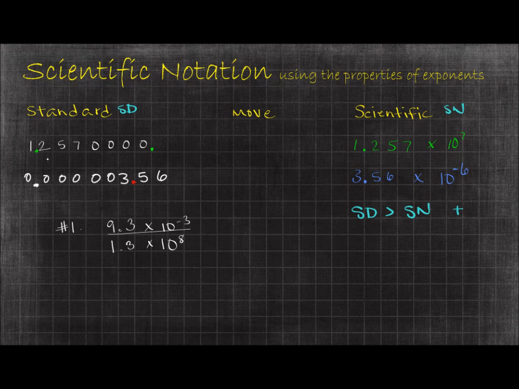So you'll notice I had 12 million and I changed it to a 1. So obviously that's going to be bigger. Now, if your standard notation is less than your scientific notation, you're going to have a negative exponent. Probably not scientifically correct, but that's how I remember.